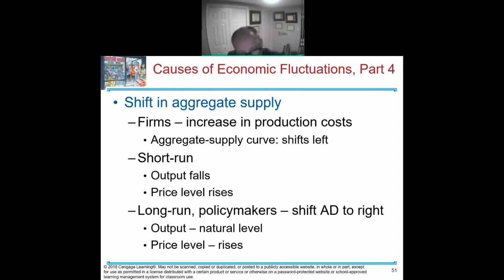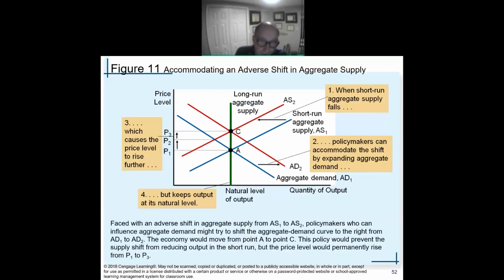In the short run, output falls, prices go up. In the long run, output becomes natural level, and price levels will rise. And in the long run, the way that these supply situations are adjusted is based off of policy. And here's a nice representation of that.